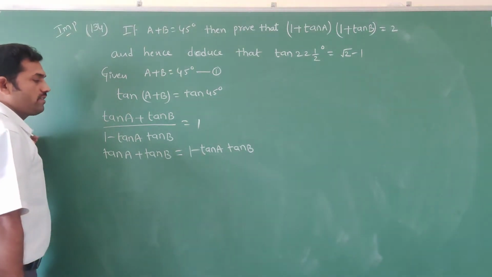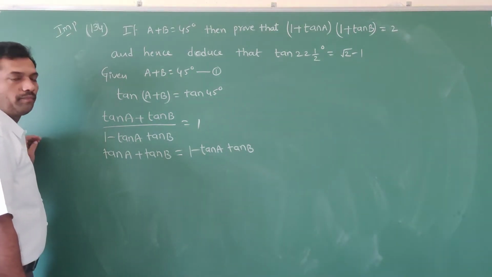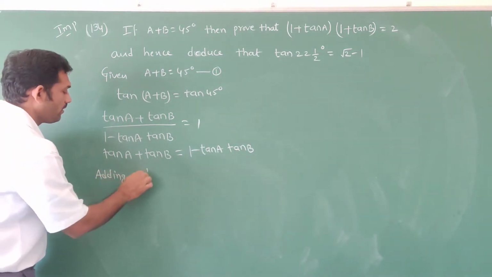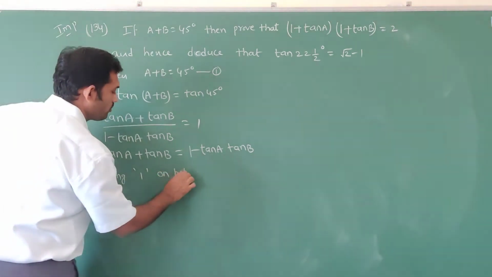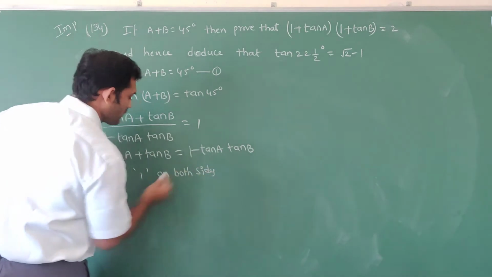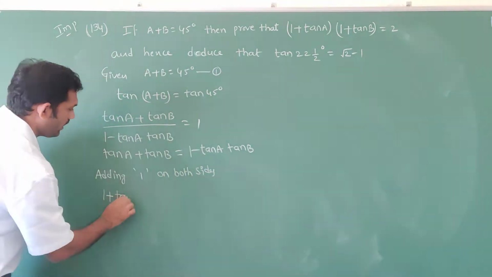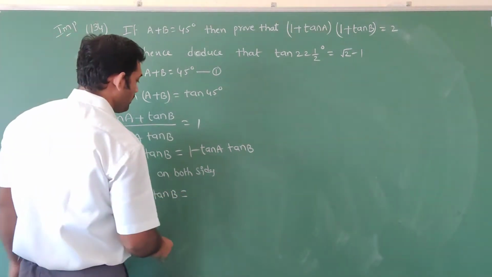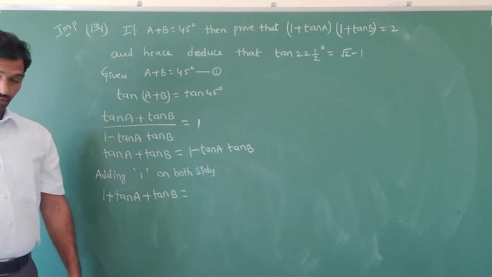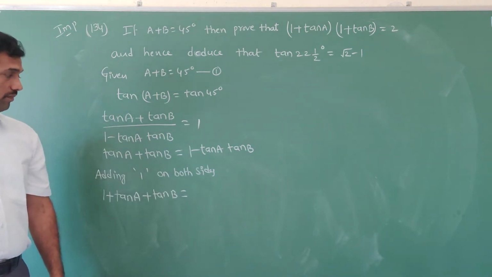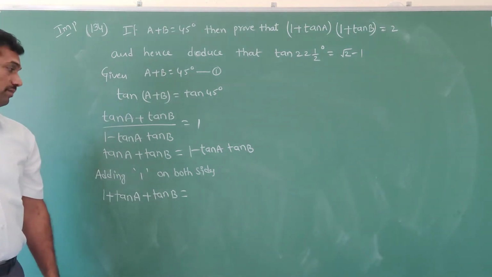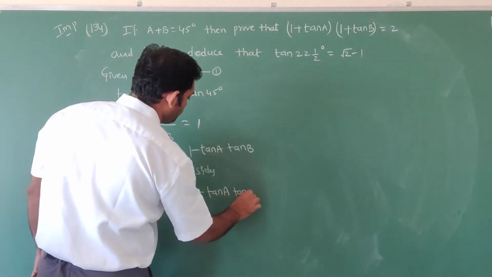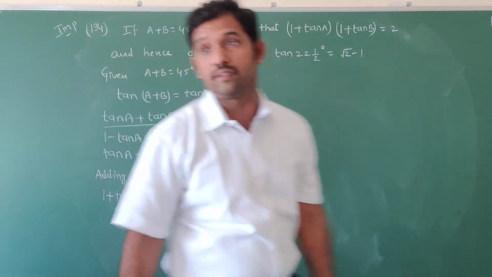Tan A plus tan B equal to 1 minus tan A into tan B. So adding 1 on both sides, what happens? 1 plus tan A plus tan B is equal to 1 minus tan A tan B plus 1. 1 is added on both sides.